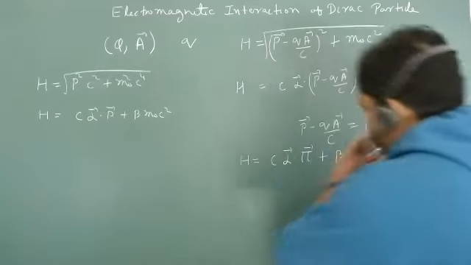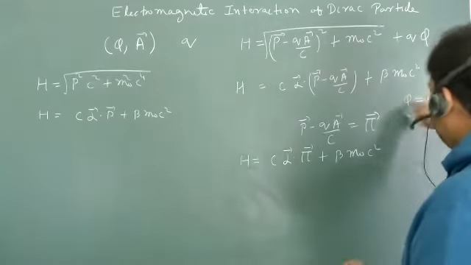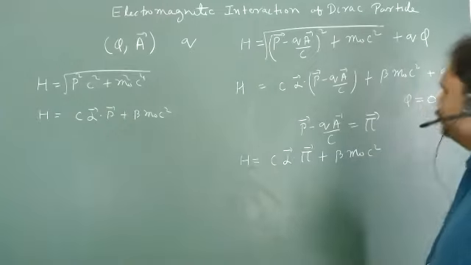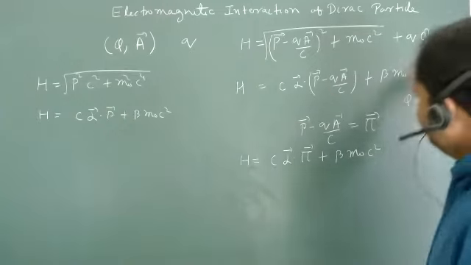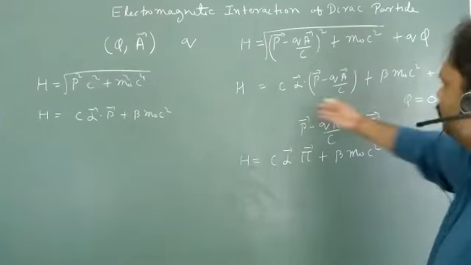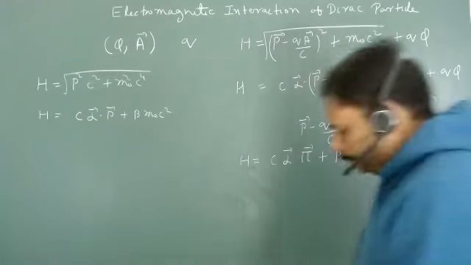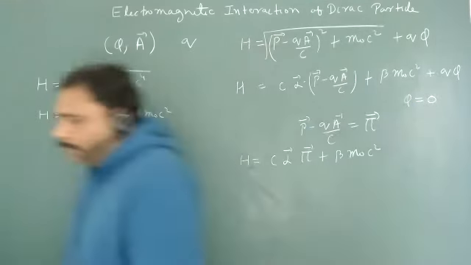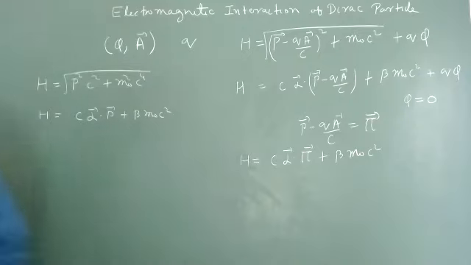So this is my Hamiltonian. I can assume my phi is equal to 0 for simplicity, because mainly we have to see what will happen to this part. So obviously we have to go for the Dirac equation, equivalent to the Schrodinger equation. What is this?